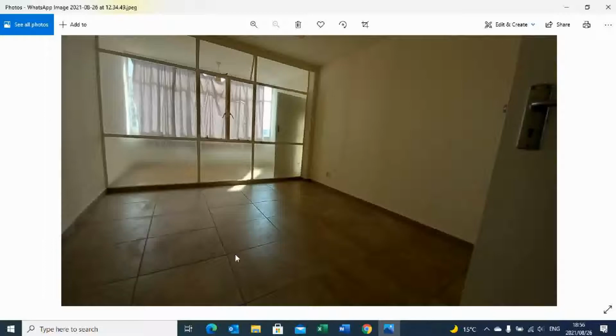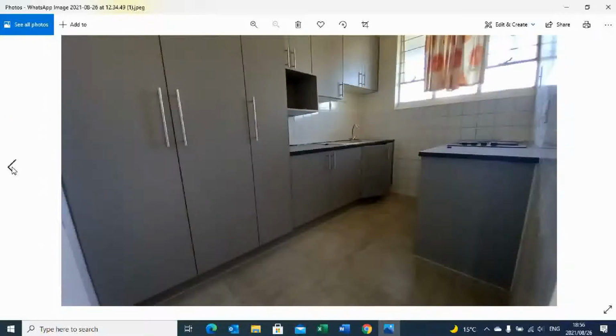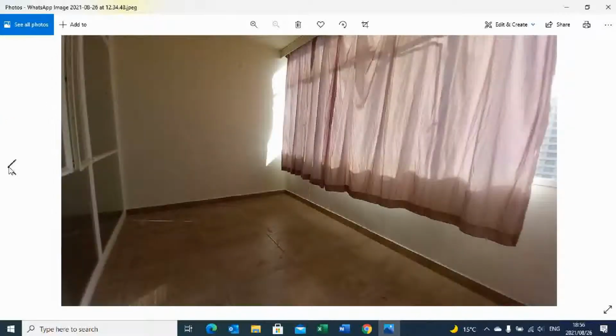So we can see that our house is a 1.5 bedroom. This is the bedroom, that's the half bedroom. Let's go back. The kitchen is done, it's lovely. So this is the half bedroom. You can use this bedroom for a number of things. In Sunnyside, people really use this as a bedroom.